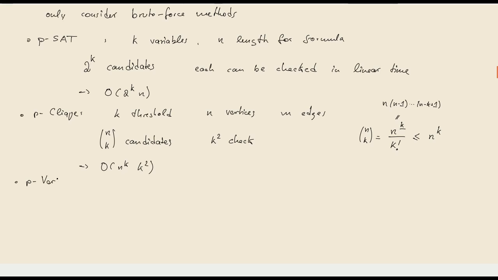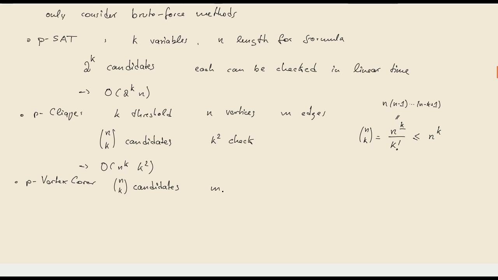Let's first consider vertex cover, which is very similar. So we have the same parameters, the same size thresholds, size parameters. And again, recall vertex cover was the problem that we have to pick a subset of the nodes so that each edge is covered with one of its endpoints. And if we ask for, is there a vertex cover that has at most k nodes, then all we have to do is choose k candidates.